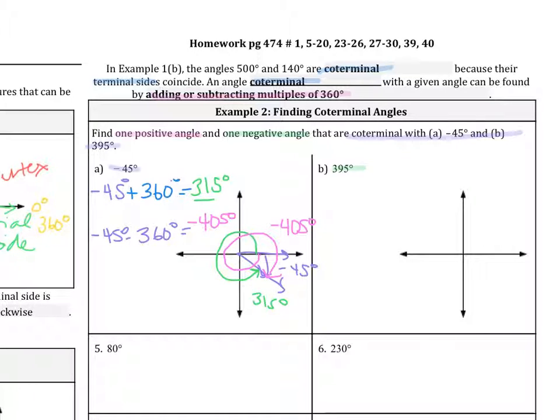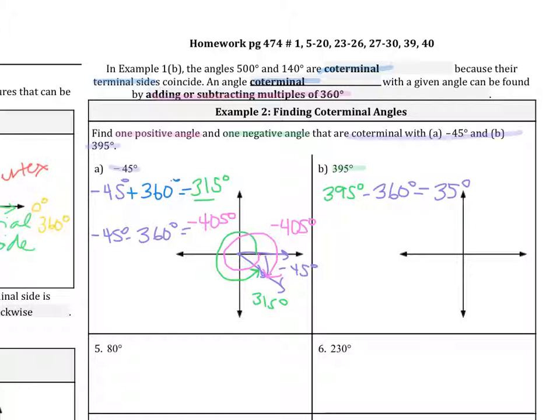Now 395 degrees. We want to subtract 360 degrees, and so we are left with 35 degrees. That's our positive one, right? It's asking for one positive angle and one negative angle. So we subtracted one 360.